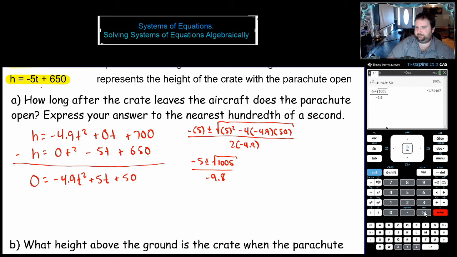So we have one value, and we're actually solving for t right now. We have one value where t is equal to negative 2.72467. And let's solve for this other one. We're going to have the exact same thing, but it's a minus. So I can just copy paste, switch this to a minus. There we go.